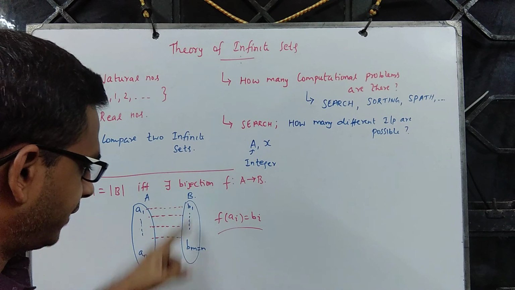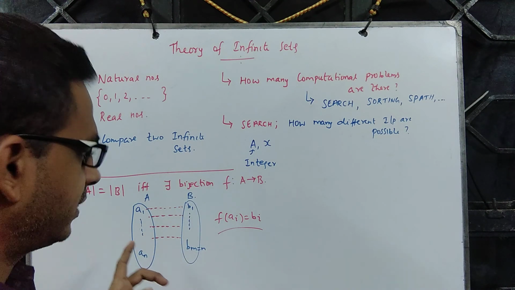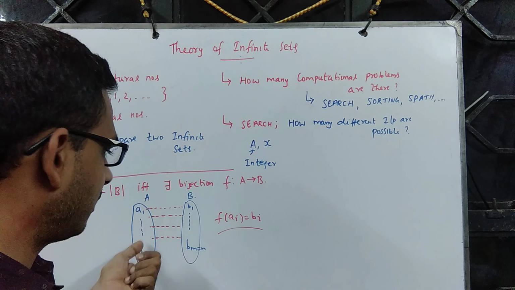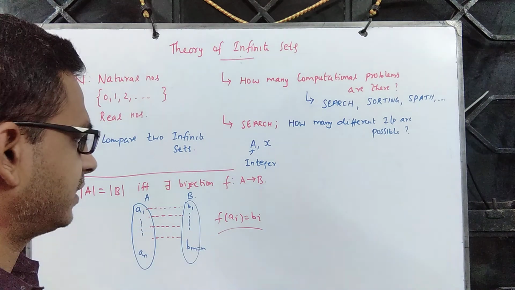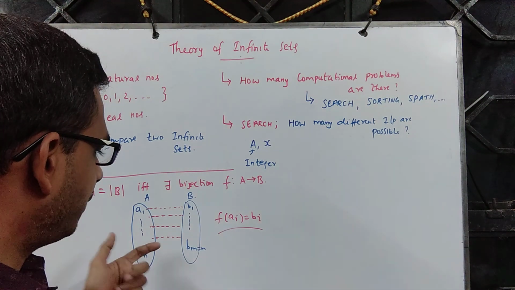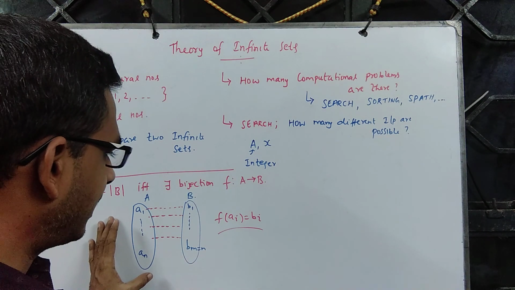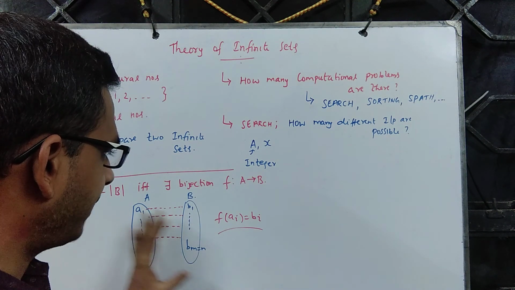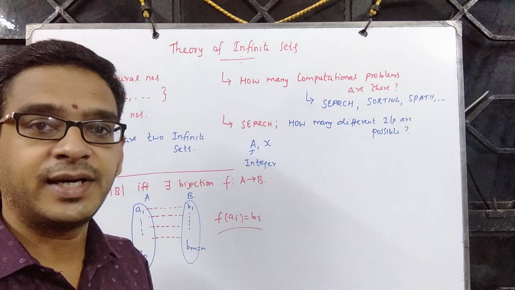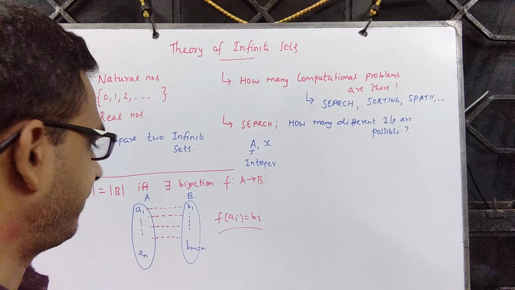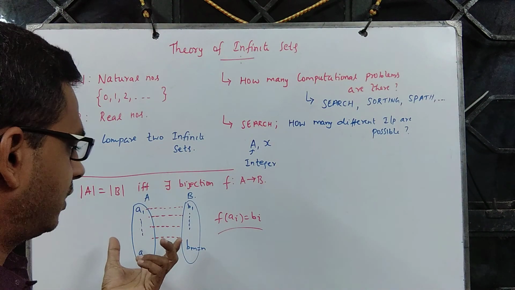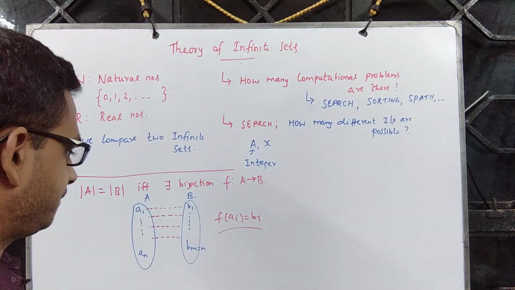Similarly, it's onto, for each of them there is a pre-image, and no element is mapped to more than one by function definition, as well as one to one. So now it tells you that when you have a bijective map, then it must be the case that the cardinality of A and B must be the same. Now can we take this note to the theory of infinite sets?